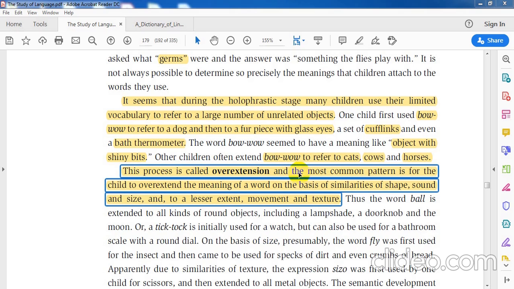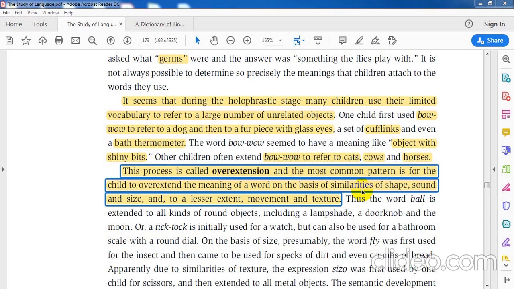Overextension. The most common pattern is for the child to overextend. This is another version of overgeneralization, but of course it is different from overgeneralization. This is about overextending the meaning of a word on the basis of similarities.